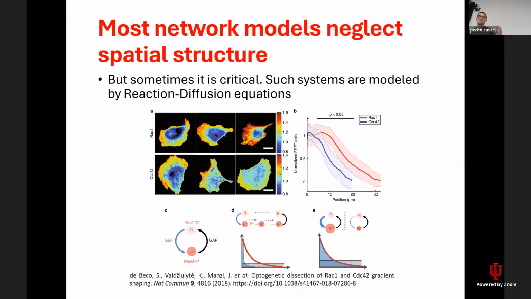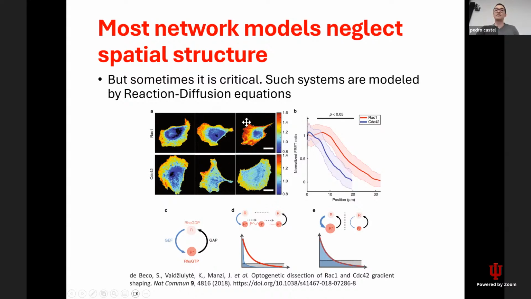And this means that our assumption that all these reactants are everywhere at the same time is not entirely true. So we'll keep with this assumption, but it's good to keep in mind that some processes, for example, here I'm showing cell migration. In cell migration, it is critical that you have spatial heterogeneity. So here there is some signaling protein in red. That's probably the RAC GTPase, and the RAC GTPase promotes actin polymerization, and the cell migrates.